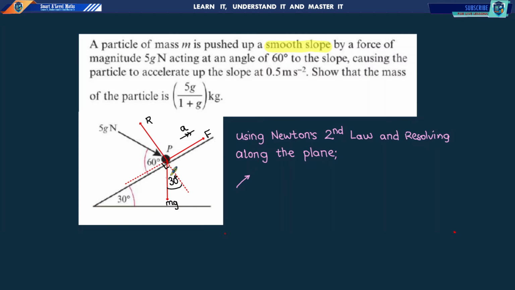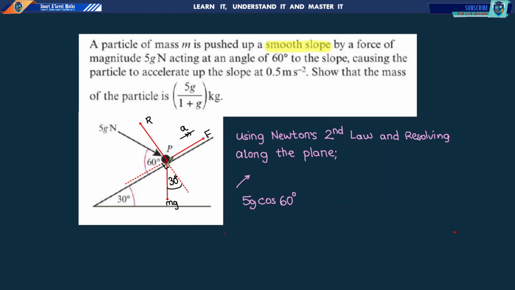Along the horizontal, we can resolve this starting with this force 5g Newton. When we resolve along the horizontal through this angle 60, we're going to have the force that is 5g cos of the angle 60 degrees.